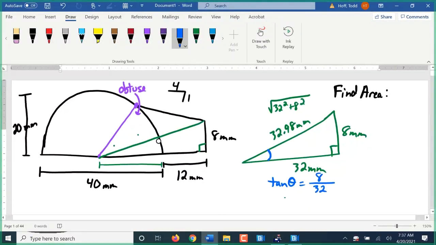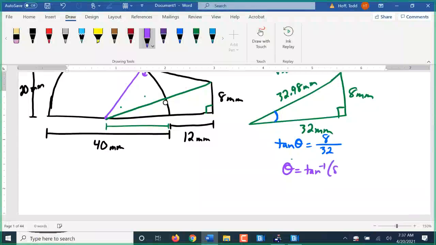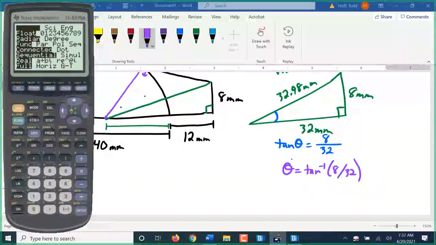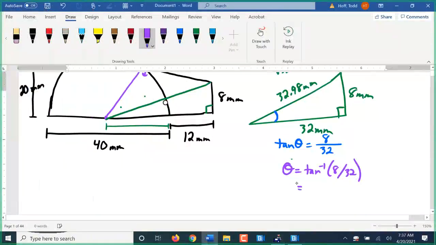So now how do I solve that for the missing angle? Inverse tangent. You got it. Inverse tangent of 8 over 32. Let me check my modes quick. I believe that's like 14.04 degrees. It is 14.04 degrees.